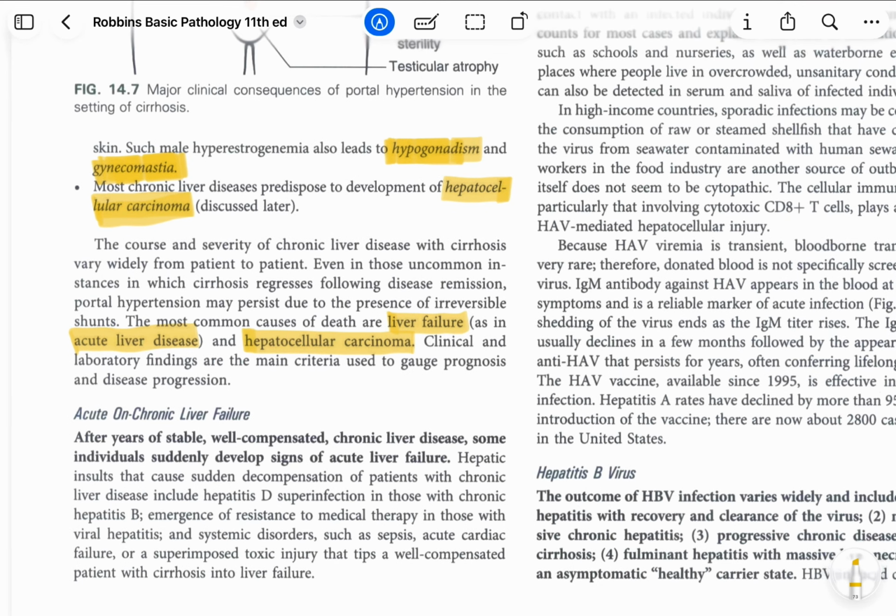If we talk about acute on chronic liver failure, which means after years of stable, well compensated chronic liver disease, some individuals suddenly develop signs of acute liver failure.